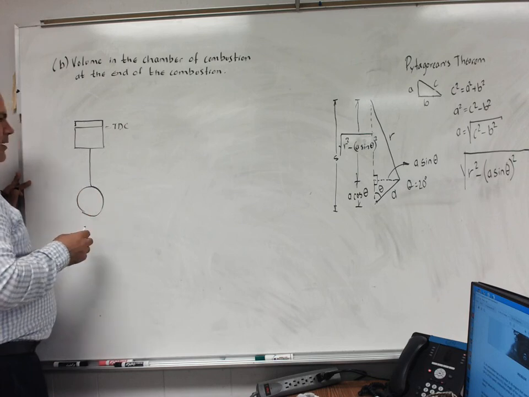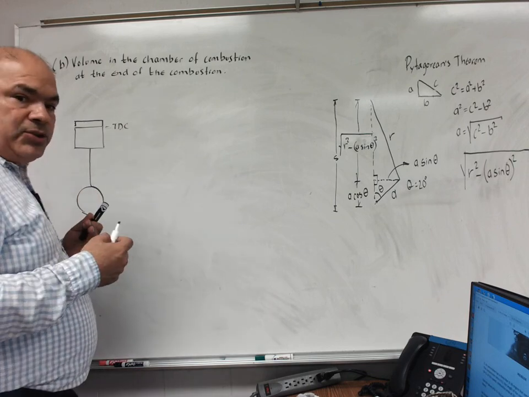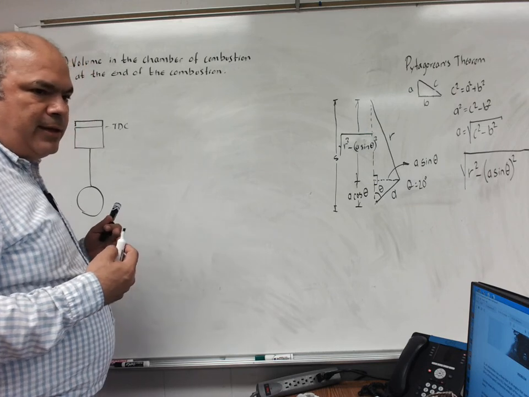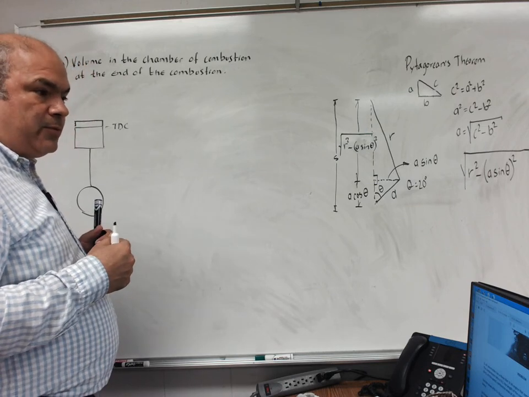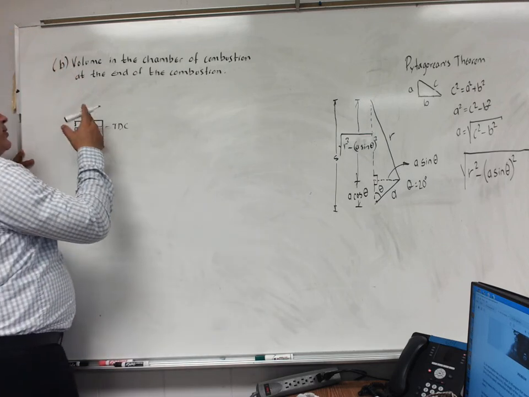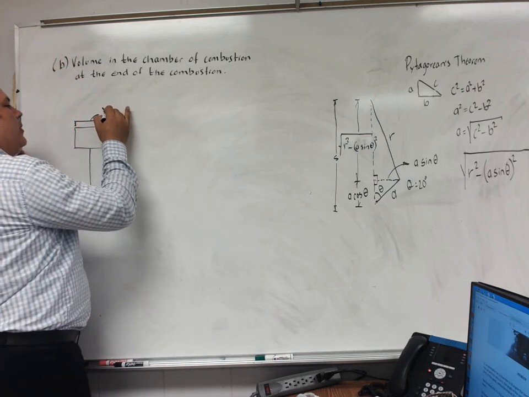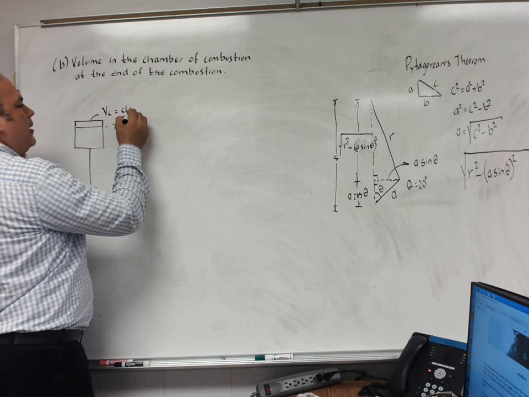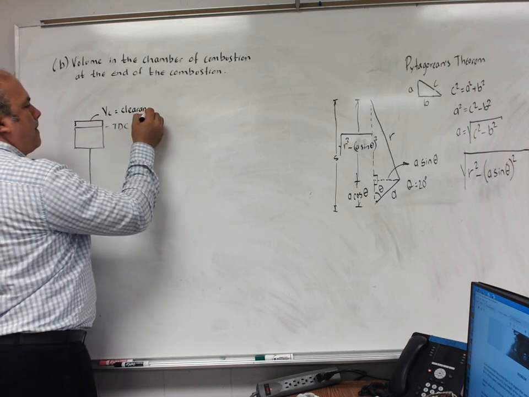This volume is where the mixture of air and fuel is in the chamber to be exploded. This volume is called VC, which is the clearance volume.